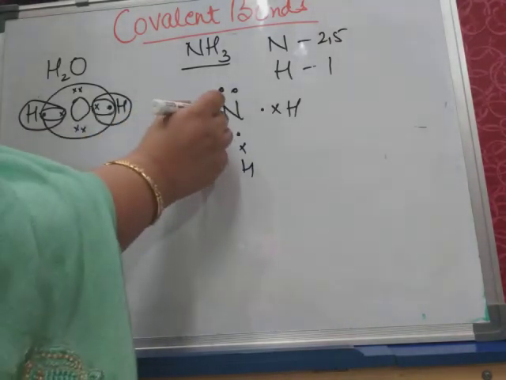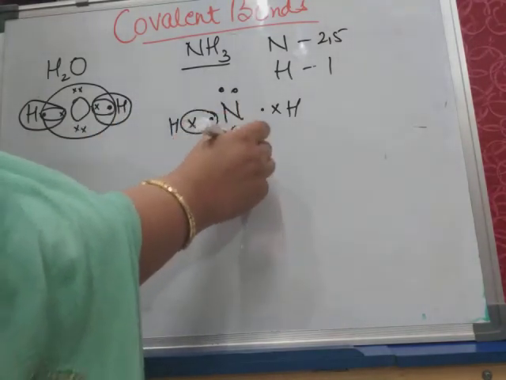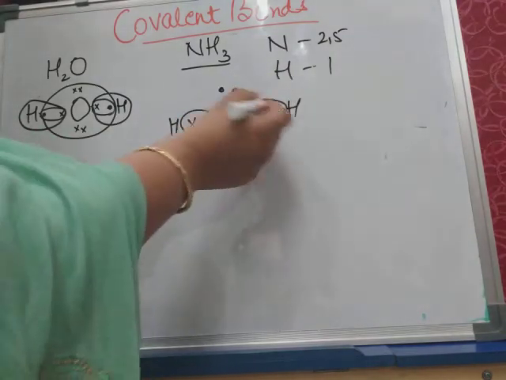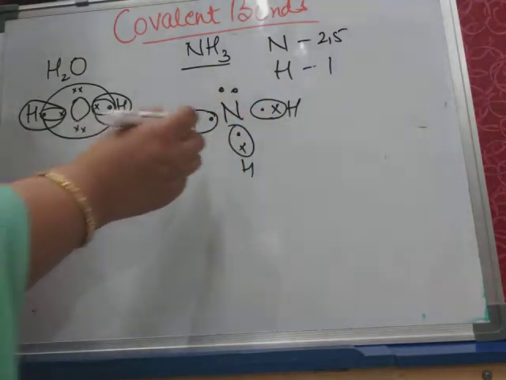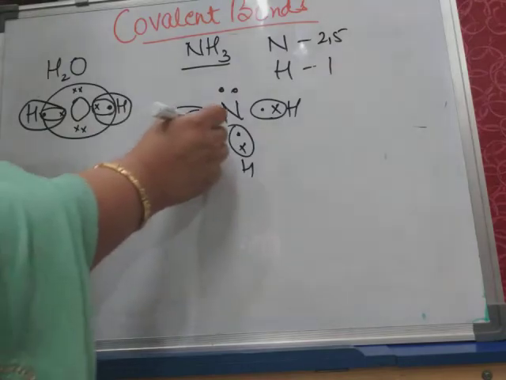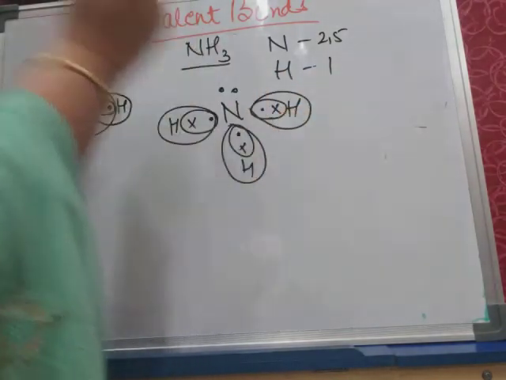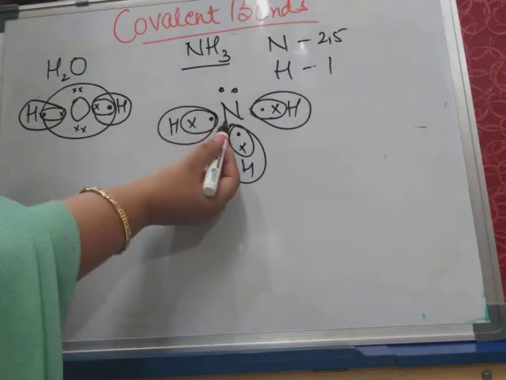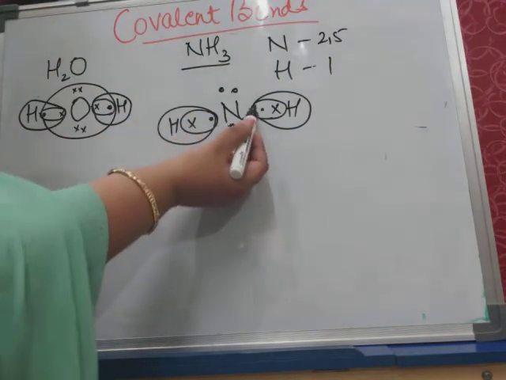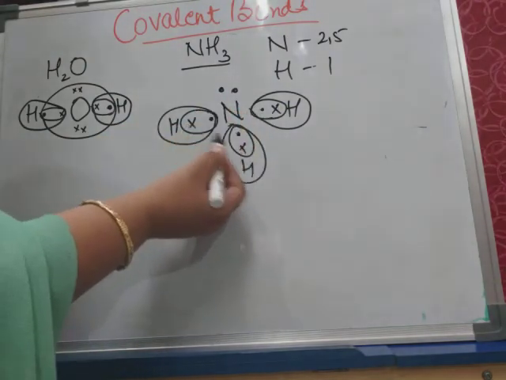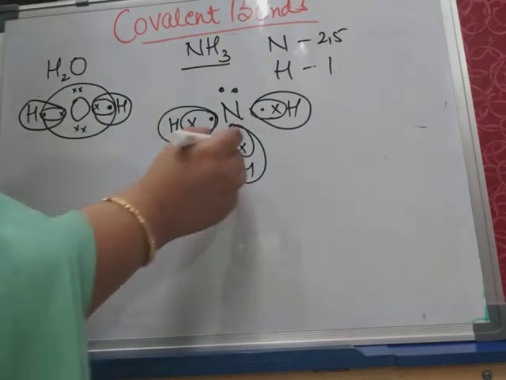If we share these 3 electrons of hydrogen with nitrogen, see, hydrogen will attain duplet, its duplet is also complete. Now see, nitrogen had 5 of its own, and 3 it has shared from these 3 hydrogen atoms.